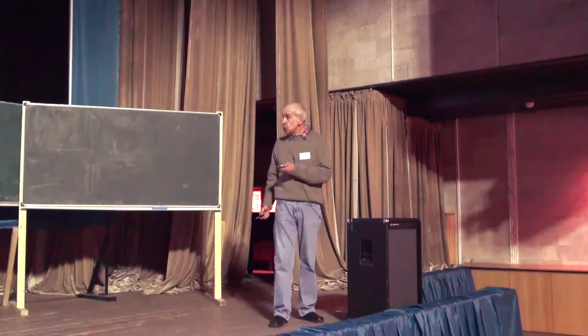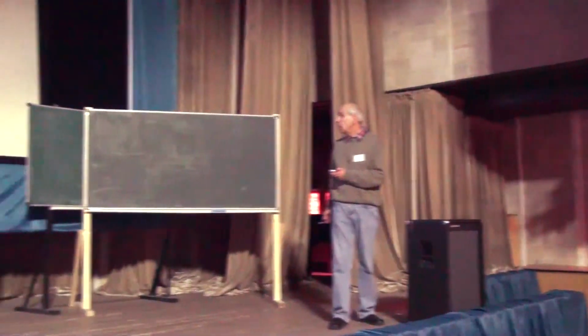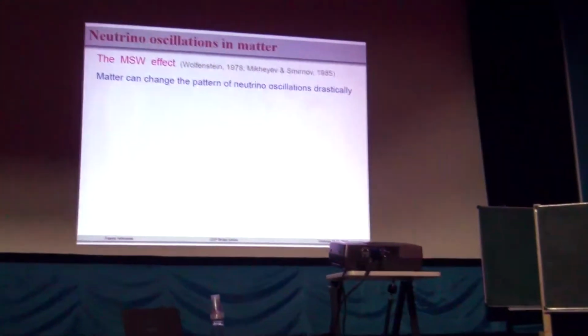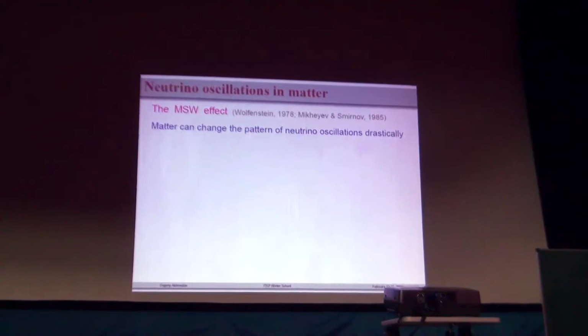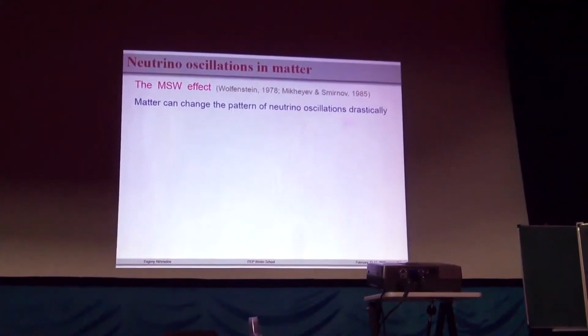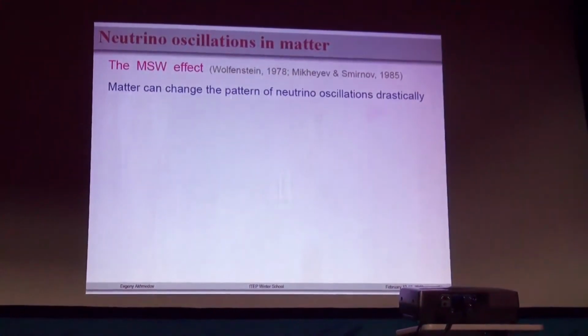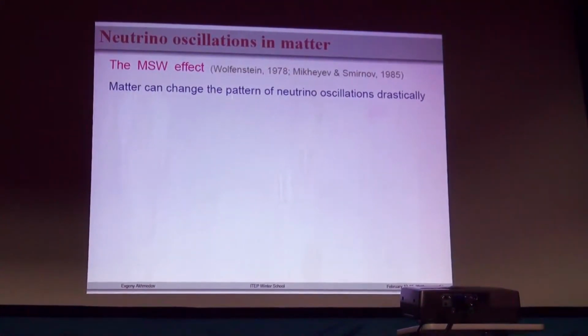Okay, if there are no more questions, let me move to a different topic. This is neutrino oscillations in matter. I'm going to discuss the MSW effect. This is actually the resonance enhancement of neutrino oscillations, which is possible if neutrinos propagate in matter.